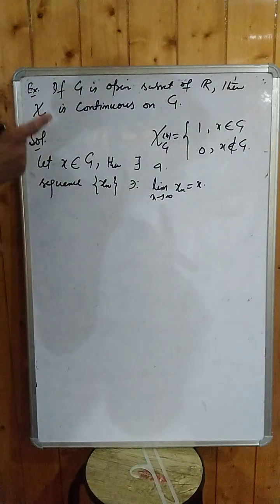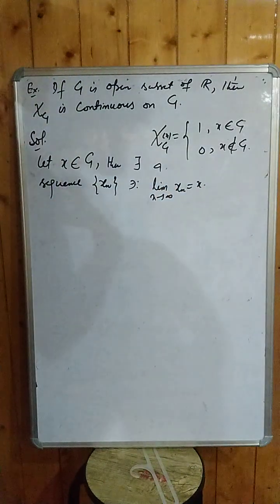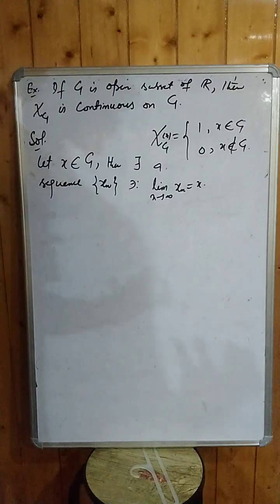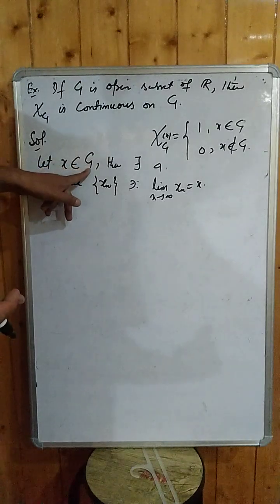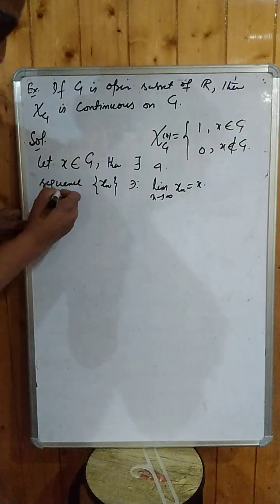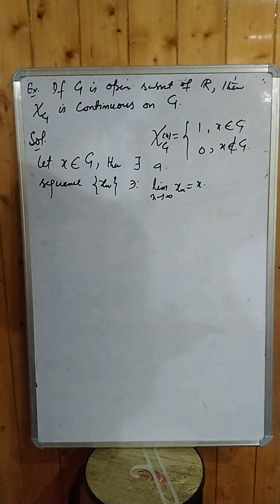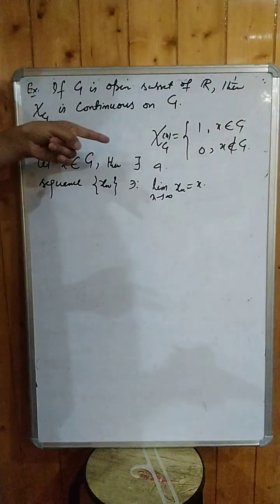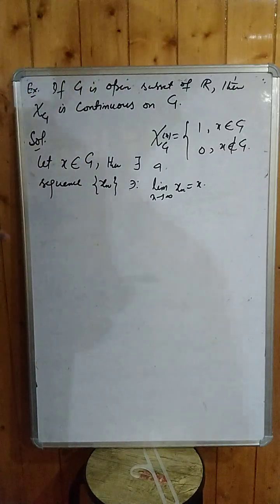That means we will check that if xn converges to x, does f of xn converge to f of x or not? Since x is an arbitrary element, if we succeed in proving that f of xn converges to f of x, then this characteristic function is continuous on each and every element of this open set.